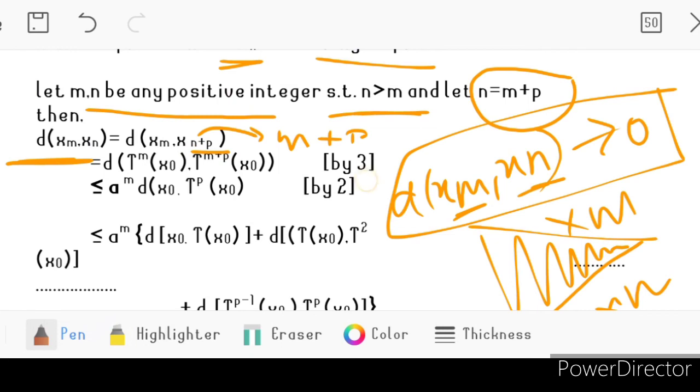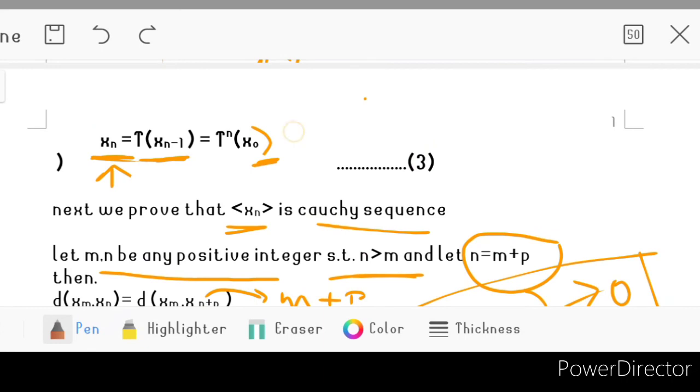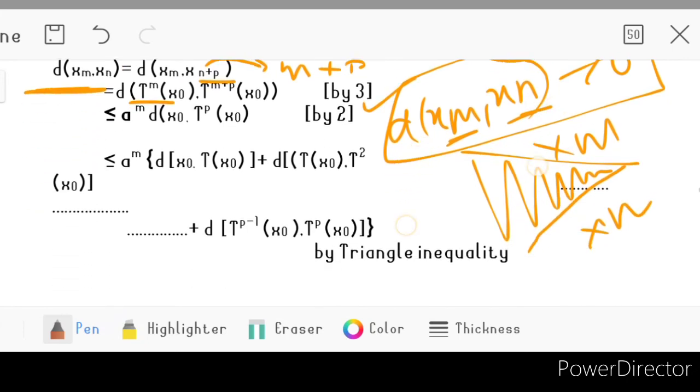And by equation number 3, we can convert it into a transformation. Like if it is xm, we will change it into T to the power m of x naught, as we have constructed the sequence. If you want to write it in the form of m, xm is equal to T to the power m of x naught. I am just replacing the value.